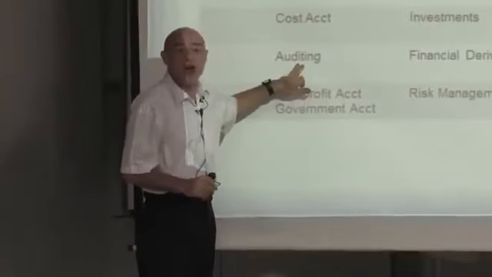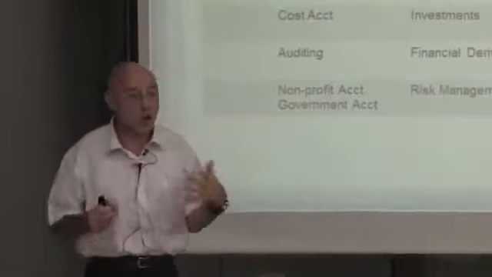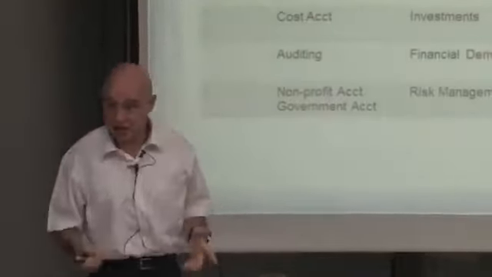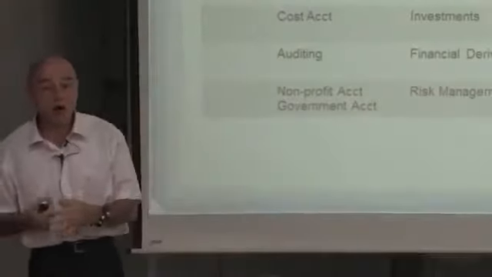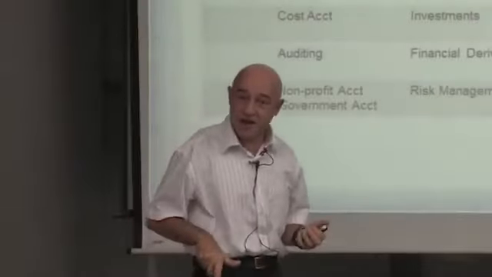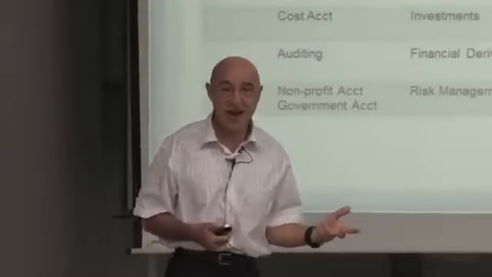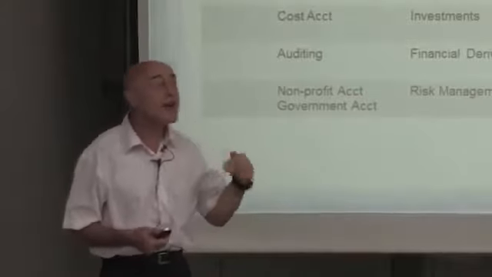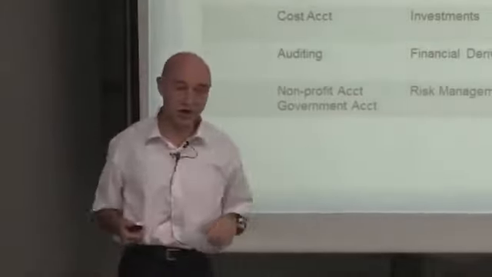You'll do some auditing. Auditing is trying to check and verify if your accounting is good, is proper, is correct. If there is cheating, if there is fraud, if someone's stealing money, okay, or if someone is cooking the books. In other words, they're lying and cheating, trying to mislead you, whether it's the management or external people.